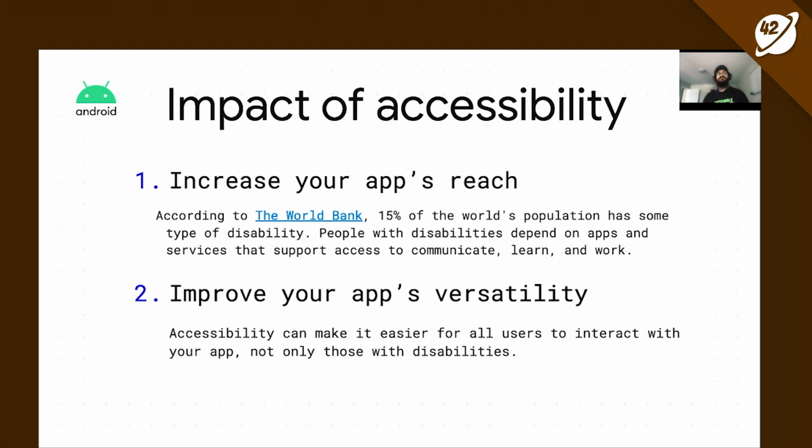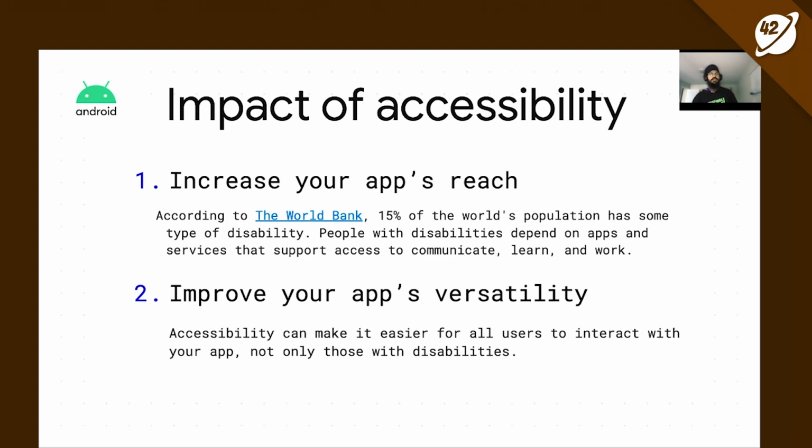It also helps to increase your application's reach. According to the World Bank, about 15% of the world population has some sort of disability. So imagine if you provide support for accessibility in your applications, so your user interfaces are accessible, then you will also cover that huge user base, which you might not have considered before.